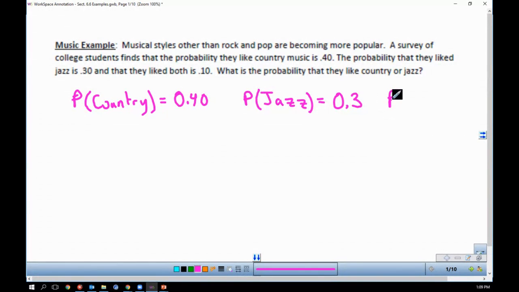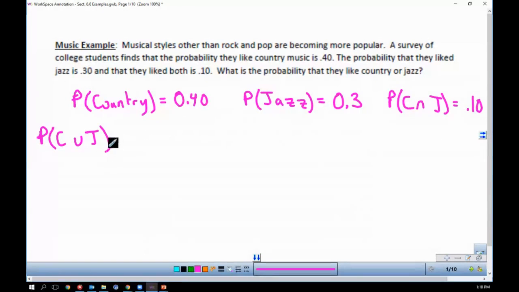And the probability that they like both country and jazz is 0.10. What's the probability that they like country or jazz? So we have to find the probability of country or jazz.